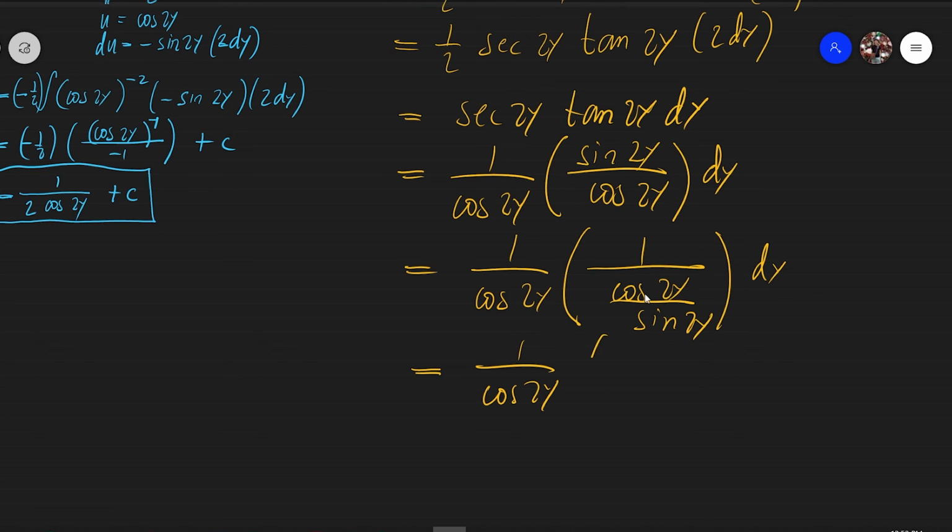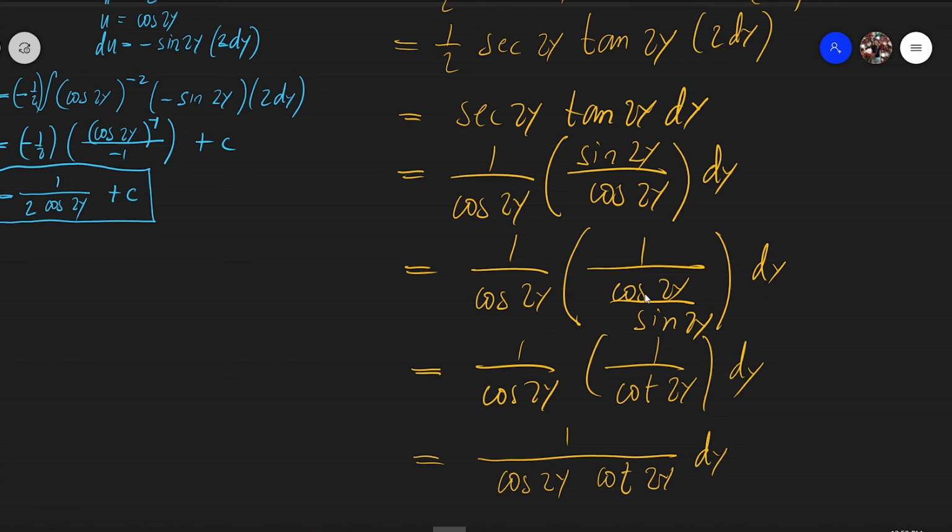So this is 1 over cotangent 2y dy. Multiplying this, you will get 1 over cosine 2y cotangent 2y dy. Or you can put dy here instead, so dy over cosine 2y cotangent 2y. This is the result of the differential of our answer.